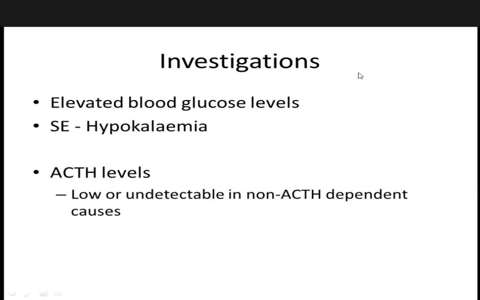You will see the patient's blood glucose level is elevated, either impaired blood glucose or the patient may be having diabetes. And when you do the other basic investigations, you must realize the patient is having hypokalemia as well. So when you suspect Cushing syndrome, there are screening tests. There are 2 screening tests you can do.